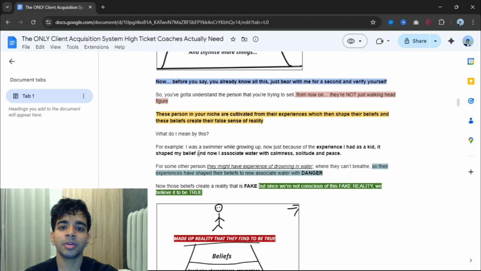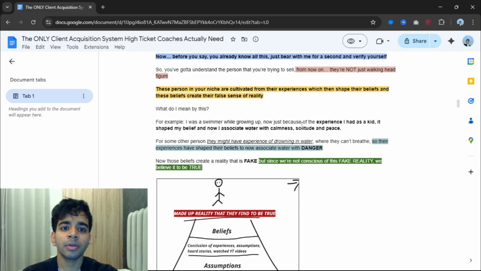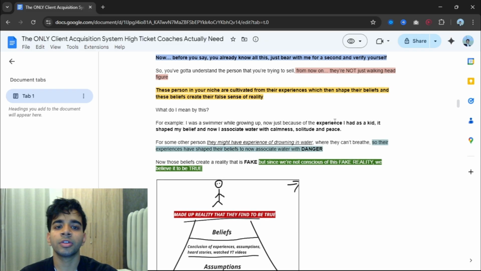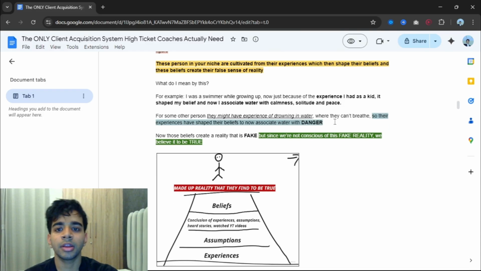So for example, I was a swimmer while growing up, right? So now, just because of the experiences I had as a kid, like going to the swimming pool and doing 6 kilometers of workout in 2 or 3 hours per day, those experiences shaped my belief, and now I associate water with calmness, solitude, or peace, right?